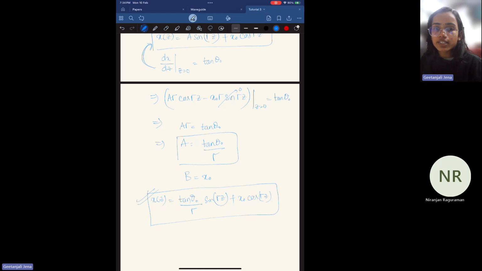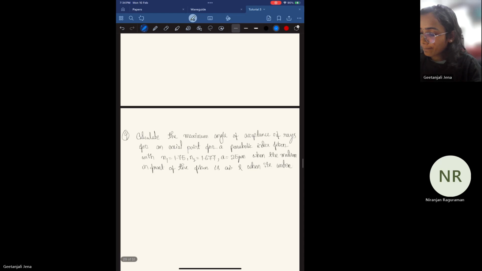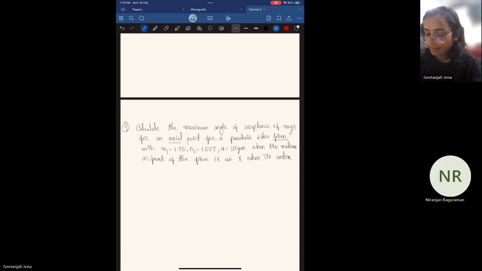This is what was already given in the question to prove that the ray equation is like this. So next we will move to the next problem. Please go through the question once.